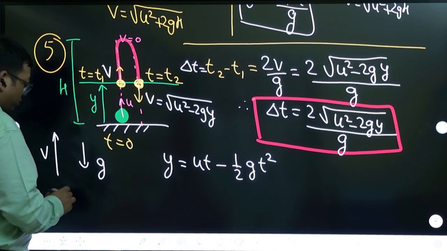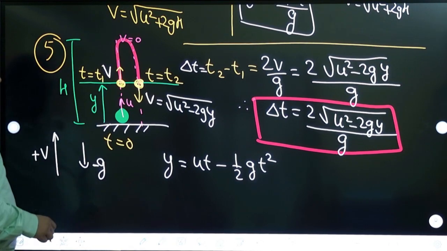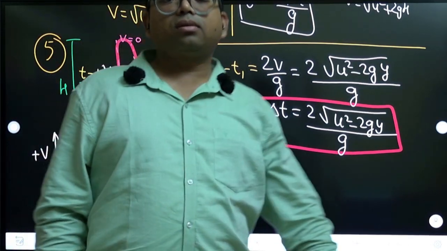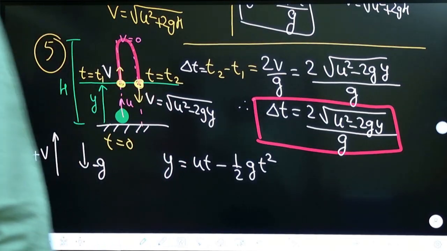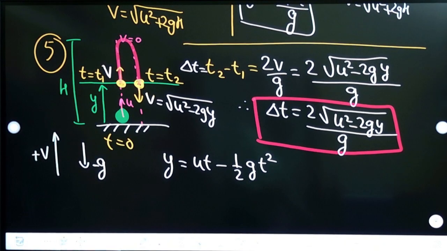So you choose the upward direction as positive and the downward direction as negative. There should be no confusion in sign convention. I think many students get confused with the sign here.